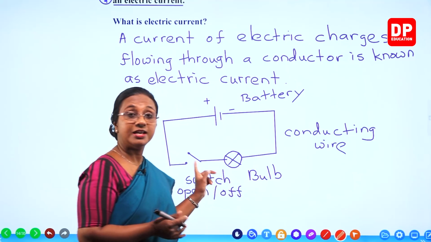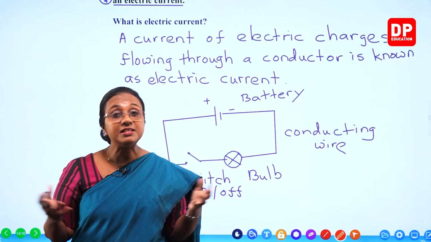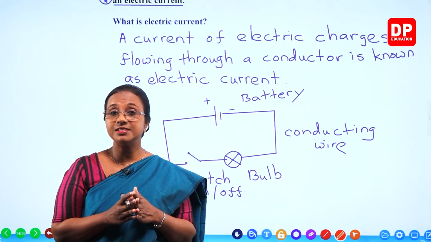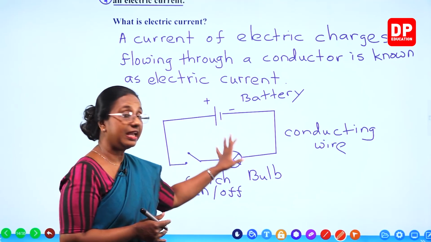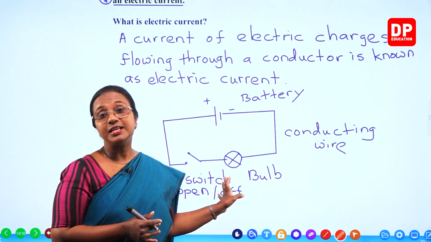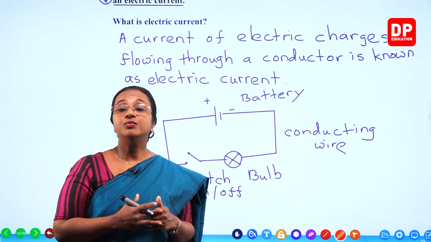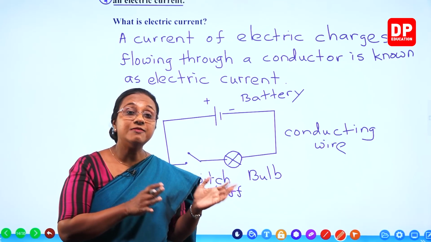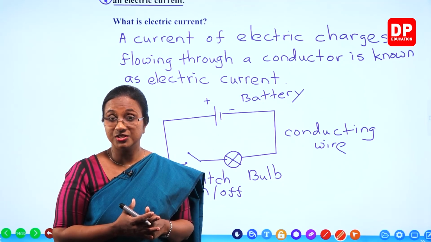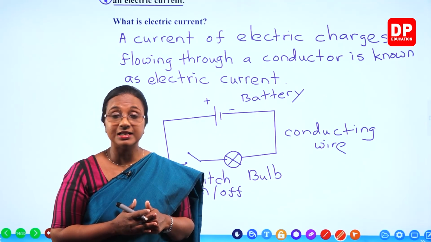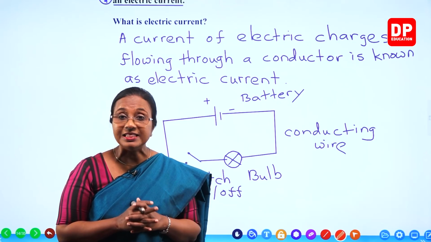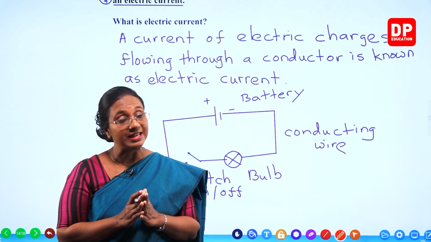This conducting wire is also a conductor. Metals are very good conductors of electricity. We will be discussing those conductors, and then again we will be drawing circuit diagrams, and also discussing different types of connections, like I said, the series connection and the parallel connection. So with that students, I am going to end this chapter.